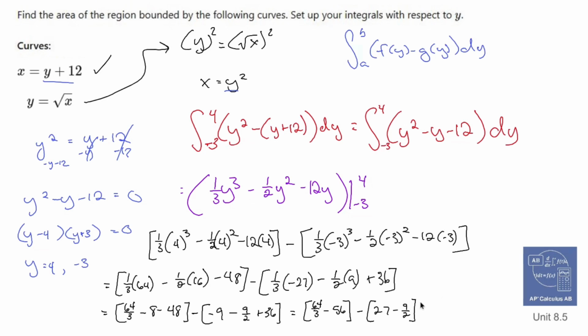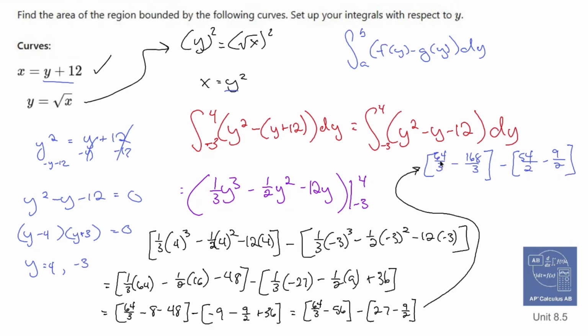Let's move this up here where I have a little bit more space. This becomes 64 thirds minus 168 thirds minus 42 halves minus 9 halves.